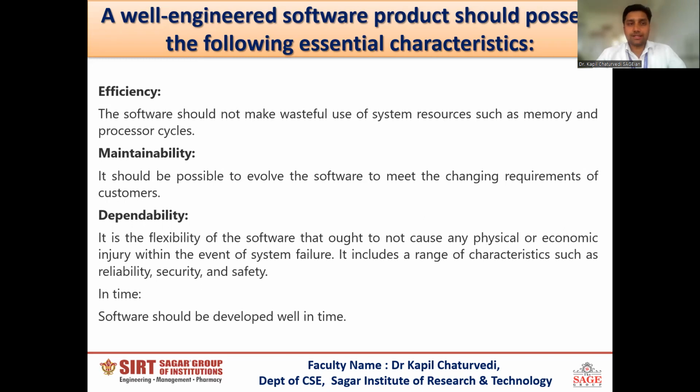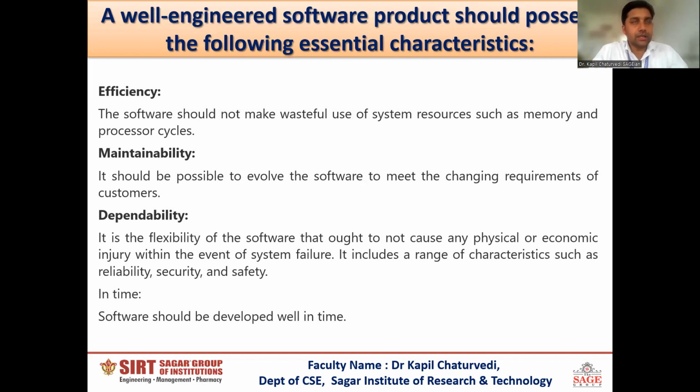In short, we can say that an efficient system is a system which executes very fast or takes less time compared to similar systems, or simply a system which performs its operations very fast, very efficiently. That's efficient. Software should be efficient.